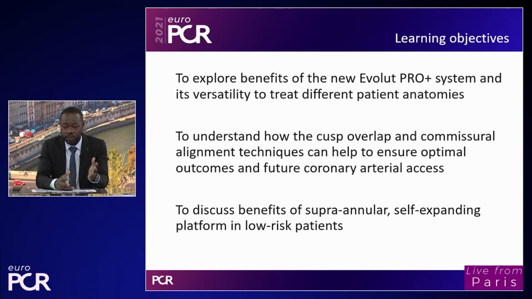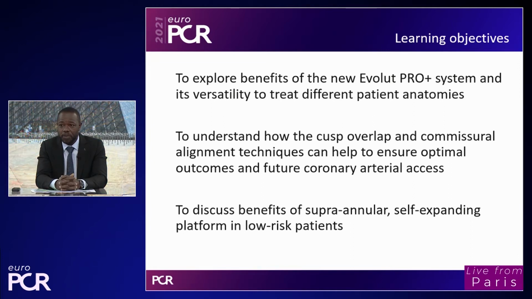We've seen a bicuspid case that was performed 2 hours ago, and we're going to see how it performs in more regular anatomy. The second objective is to understand how the combination of the cusp overlap technique and commissural alignment, more contemporary techniques dedicated to this platform, can help to ensure optimal outcomes and future coronary arterial access for our patients.